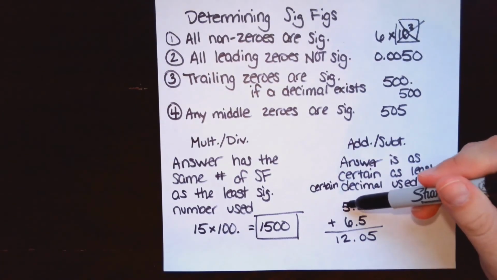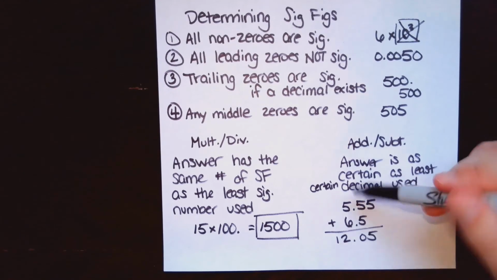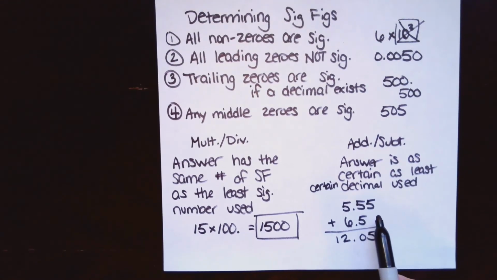when looking at these, this first number, 5.55, goes to the hundredths place, right? It goes 2 spots after the decimal. 6.5 only goes to, sorry, not the ones place, the tenths place. So it only goes 1 spot after the decimal.